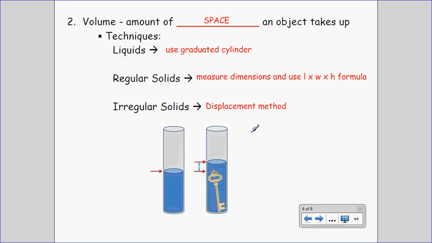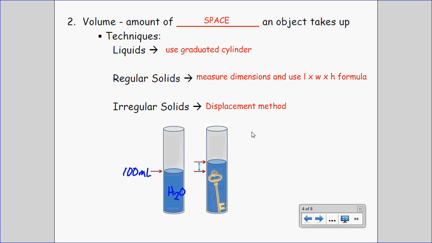In here, we've got some H2O, good old water, and let's imagine that we started and the H2O level here was measured to be 100 milliliters. Well, as you can see, we've taken a key, an irregularly shaped object, and placed it into this graduated cylinder that had 100 milliliters of water in it.